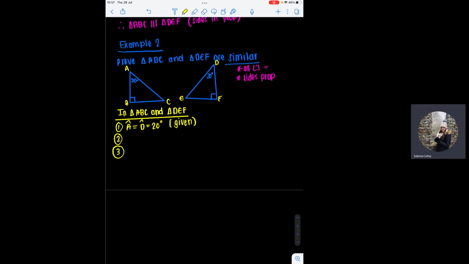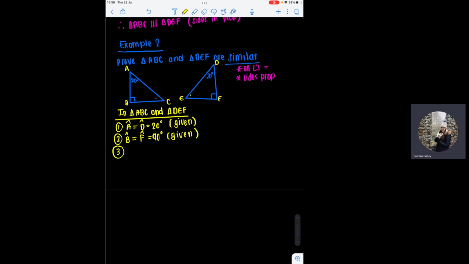So if that's given in the question, in this case it is. Okay, then in my small triangle, let's do angle B. We said angle B is equal to angle F, which is equal to 90. This was also given, right? Okay, now I need a third angle.